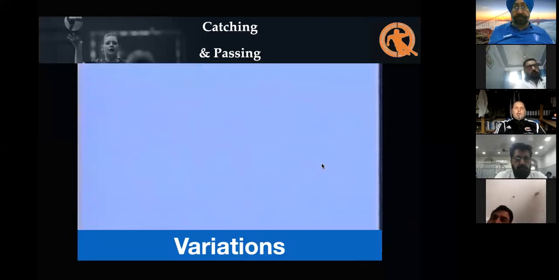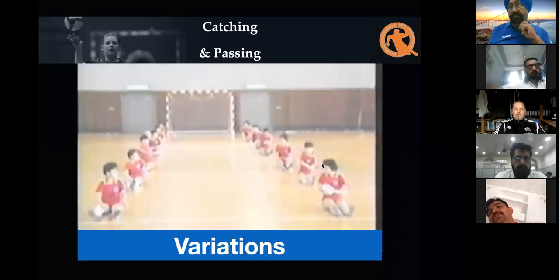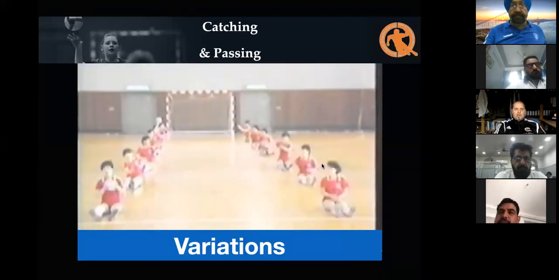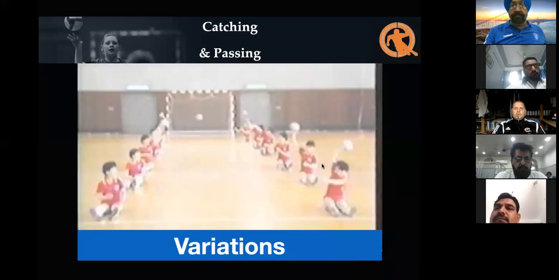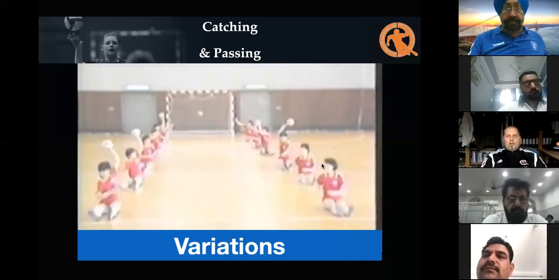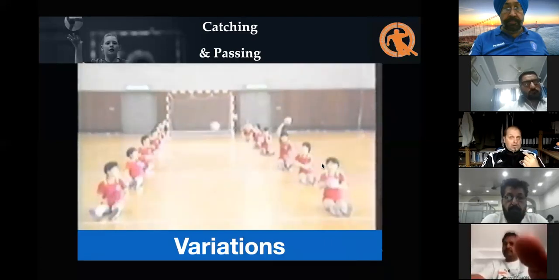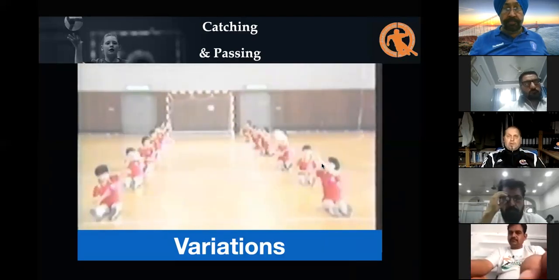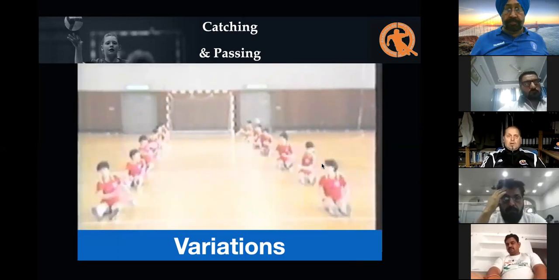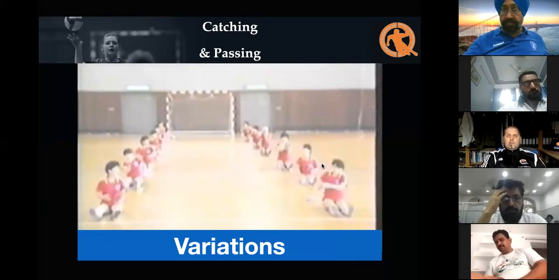If they have done this with one variation, the next variation is coming. So move up to the upper hand pass, rotate the body, observe in the direction to the front, and pass the ball to the side. Very easy, very simple.